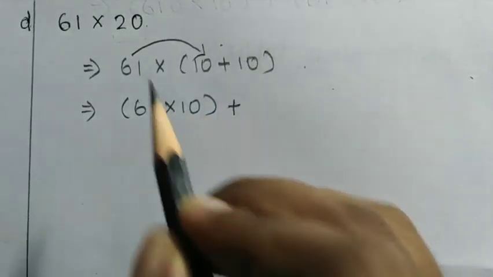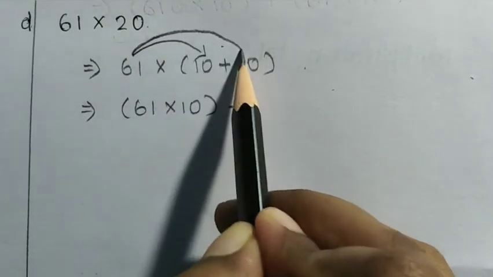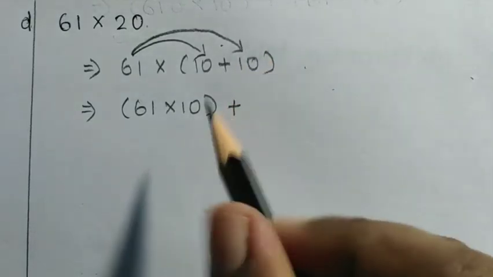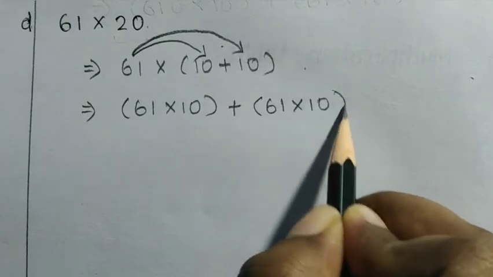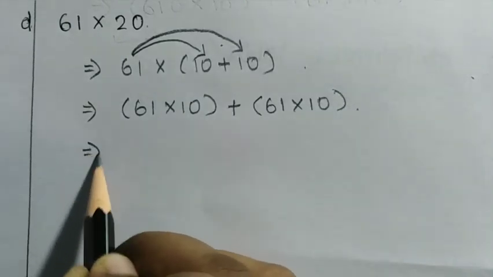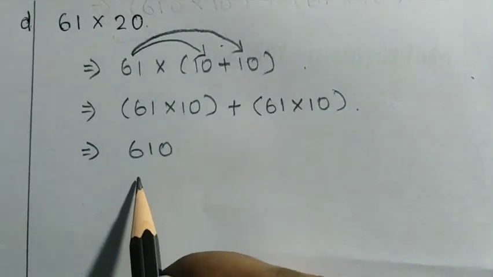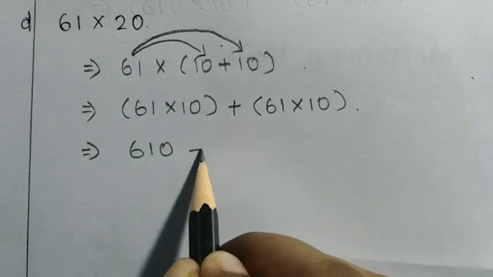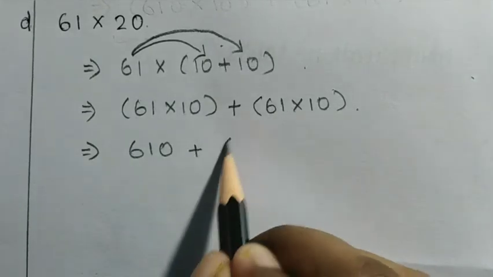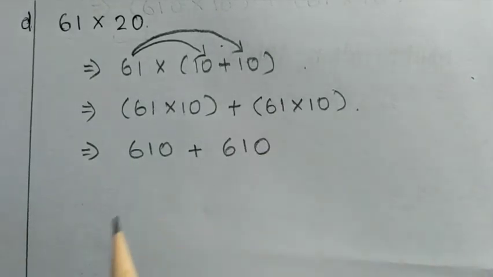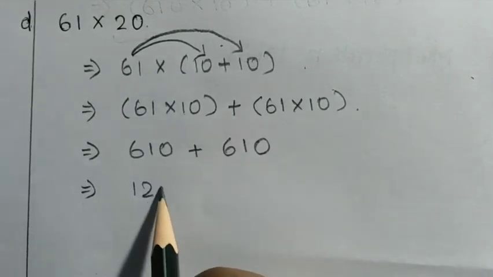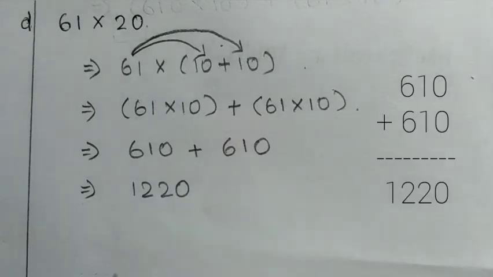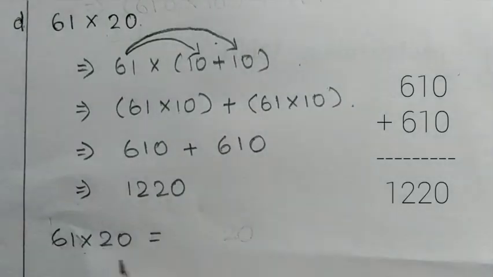Put the plus symbol, then again you have to multiply 61 with the another 10. 61 tens are 610 plus 61 tens are 610. So when you add, you will get 1220 as the answer.